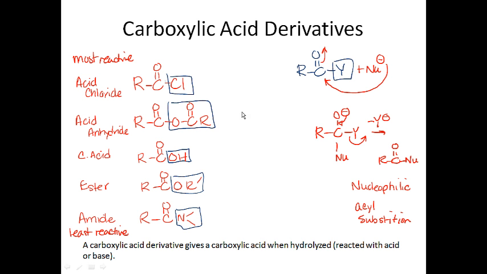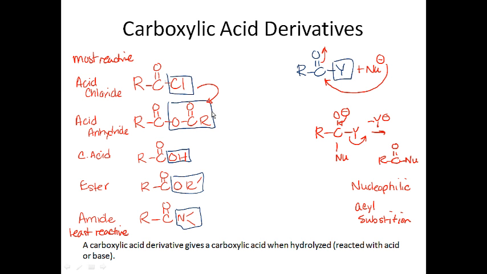So that's what I'm talking about when I say an acid chloride is much more reactive than an amide. The only question is, what's the nucleophile, and will the nucleophile leave as opposed to the Y group? But here's what can happen with these carboxylic acid derivatives. I could take an acid chloride and make an ester out of it.